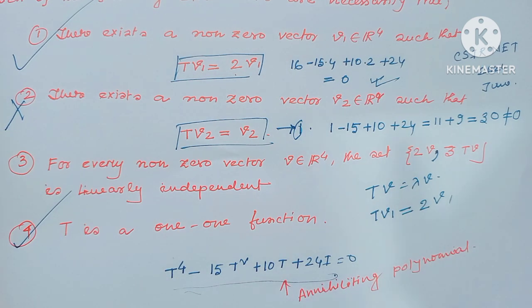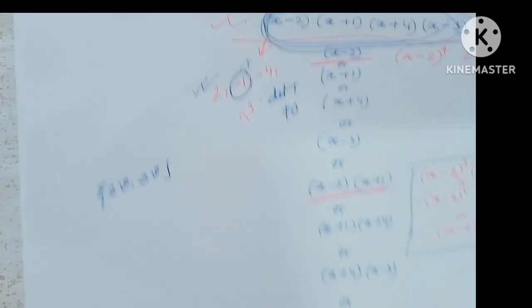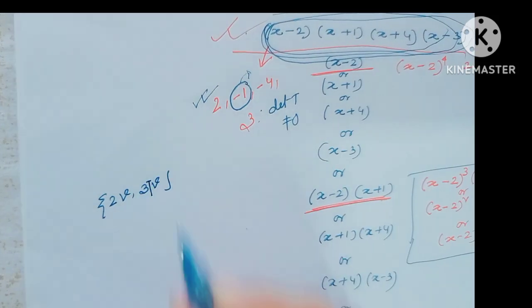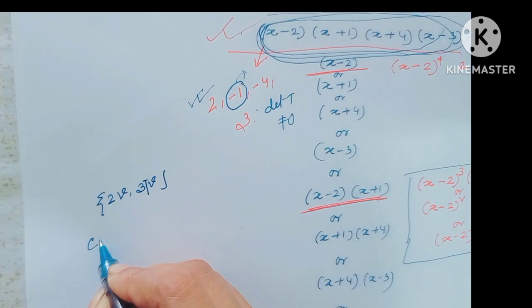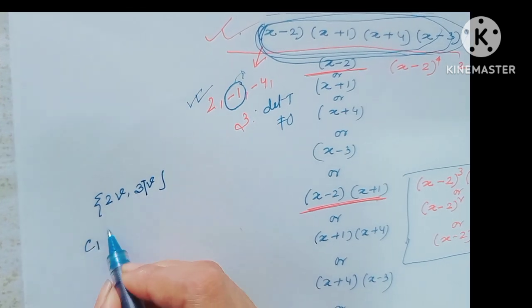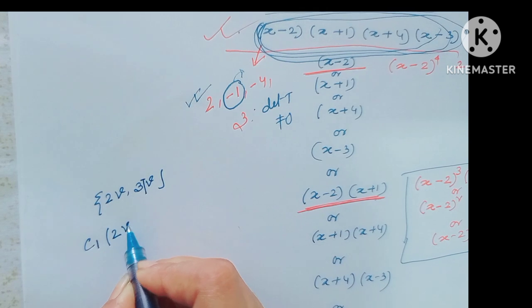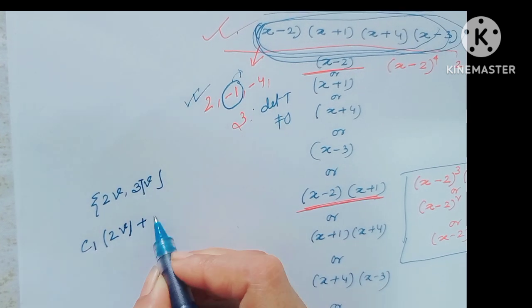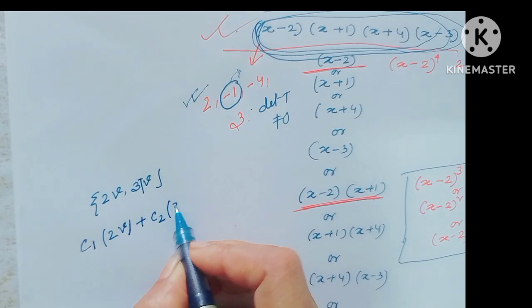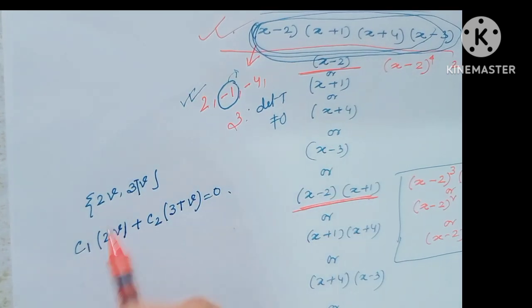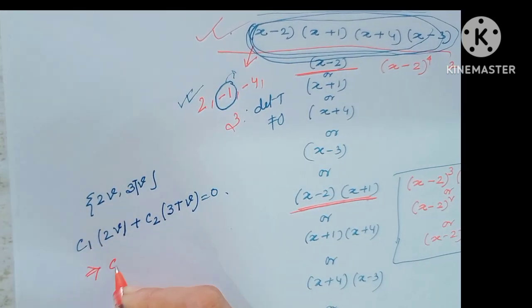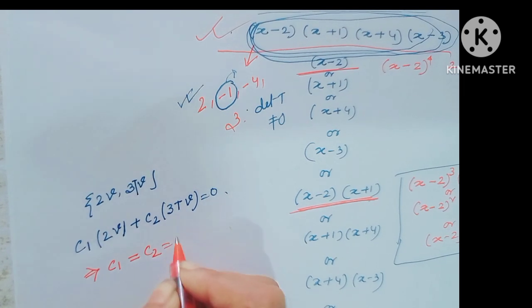We all of us know the set 2v, 3Tv being linearly independent means there exist c1 times 2v plus c2 times 3Tv equal to 0, and that always implies c1 equal to c2 equal to 0.